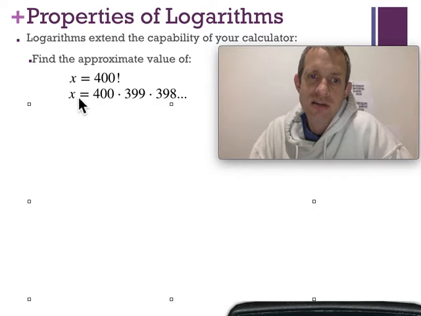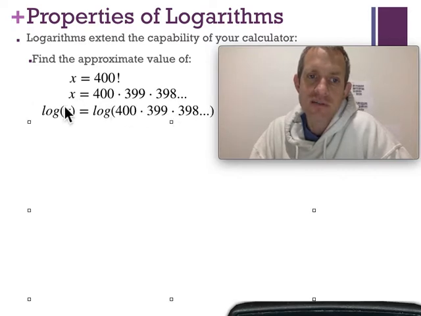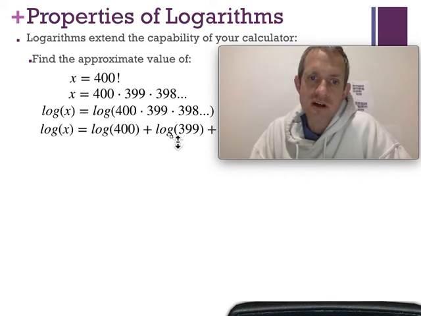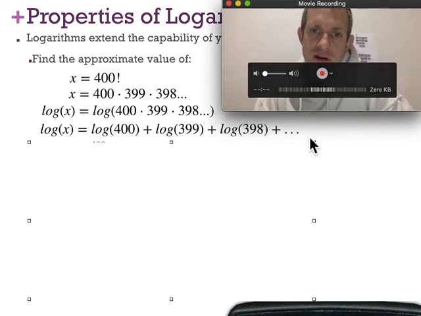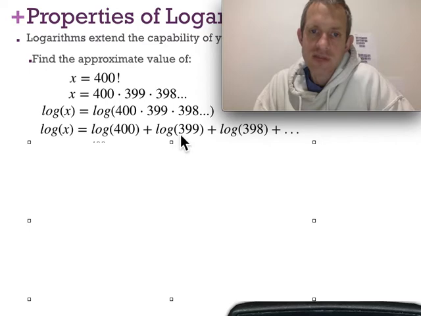But we can take a logarithm of both sides. And so if we take the logarithm, this is one giant multiplication. And the log properties say that one giant multiplication can get split up as a bunch of logs added. And so we've got log of 400 plus log of 399 plus log of 398 plus log of 397. And this is something you could actually type into your calculator, and it will actually work.